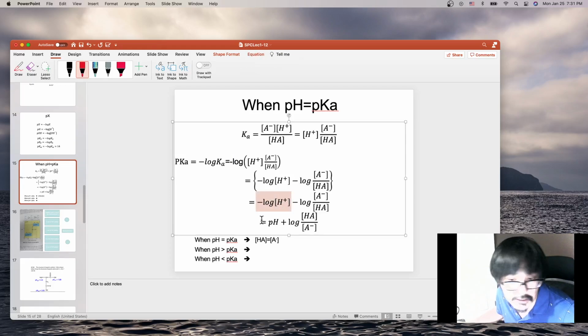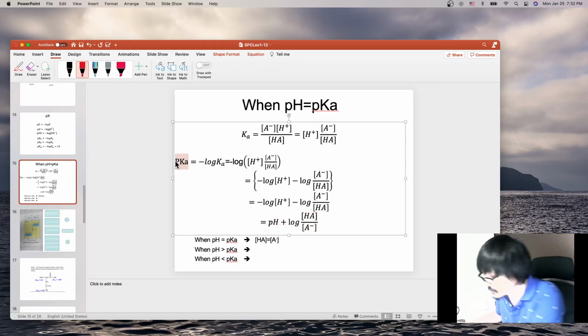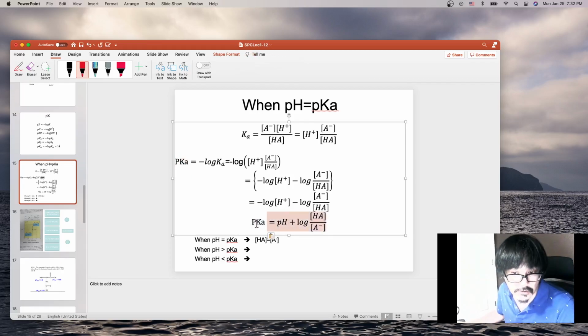That is actually equal to pH, right? So pH, and then I don't like this negative sign, so we're just going to flip the bottom and top. You get the positive of that one. So that formula right here, the pKa, we just copy and paste this. That is called the Henderson-Hasselbalch equation.